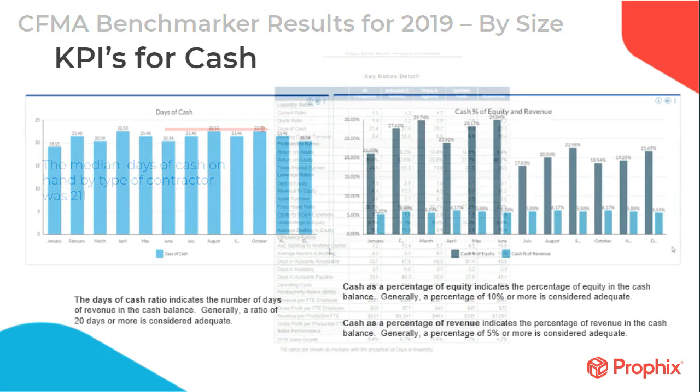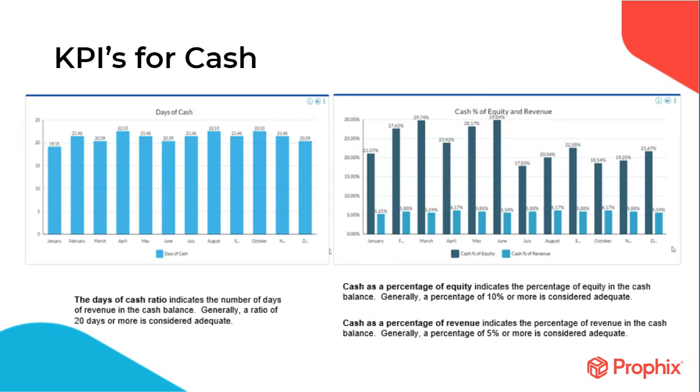Now I want to go over a few KPIs, key performance indicators, that I used when I was a CFO for a contractor and in public accounting working with contractors. These are KPIs that are more focused on cash and liquidity, and they should be monitored regularly to spot trends and make sure your company is staying financially healthy. The days of cash KPI that we were just talking about, this is the number of days in revenue you have available in cash.